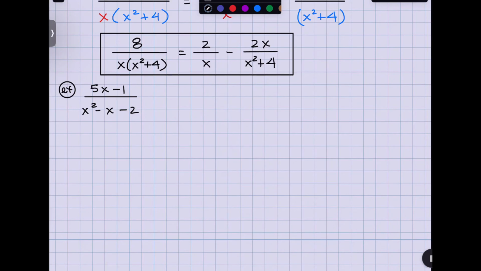Proper or improper? Awesome. So I got it. What's my first step? Back to the bottom. Go for it.